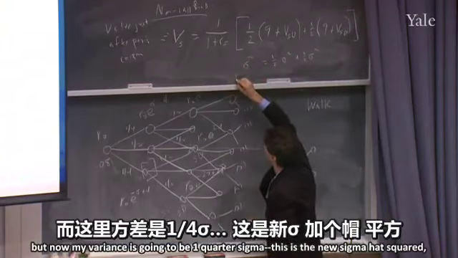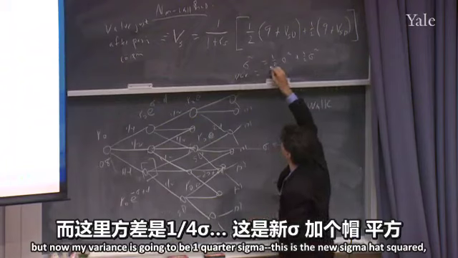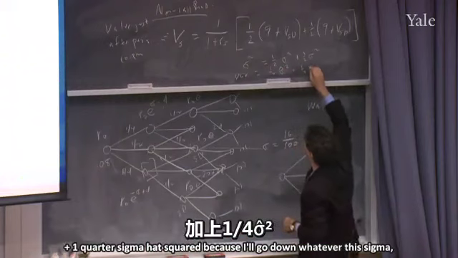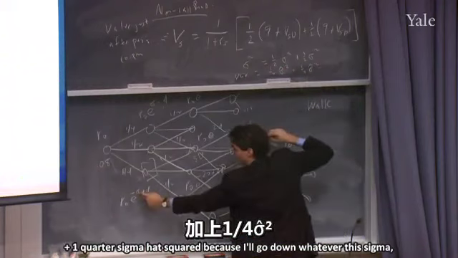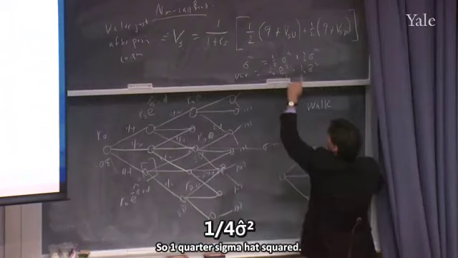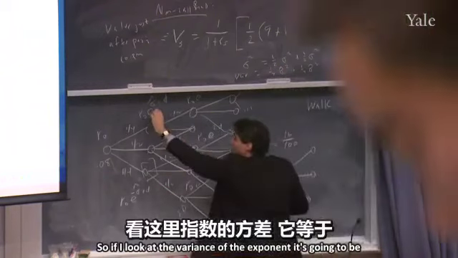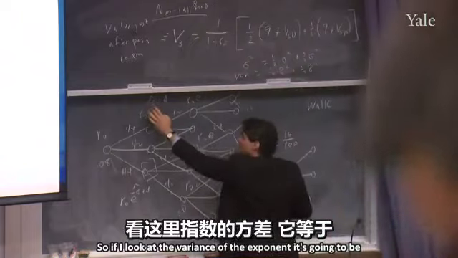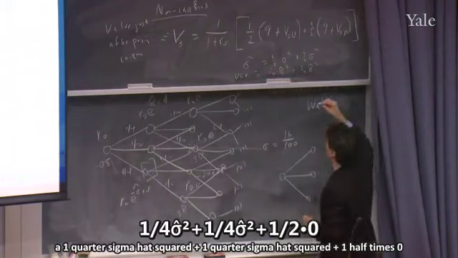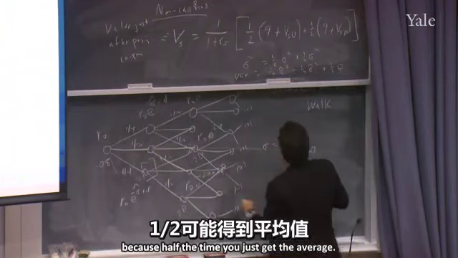Now my variance is going to be a quarter sigma hat squared, where sigma hat is the new sigma, plus a quarter sigma hat squared, plus a half times 0, because half the time you just get the average.